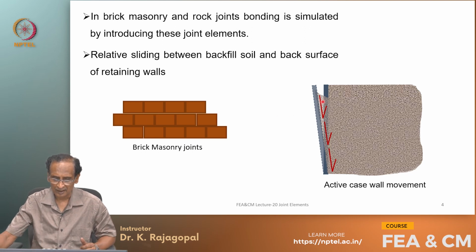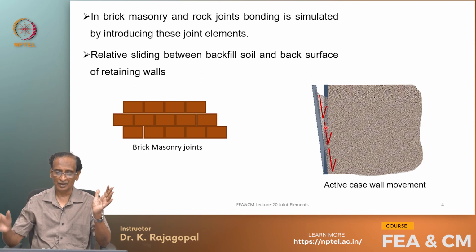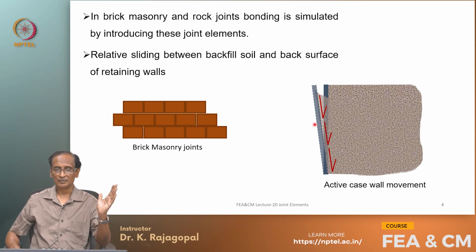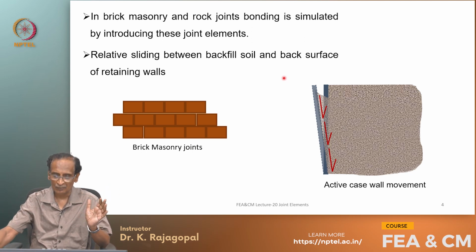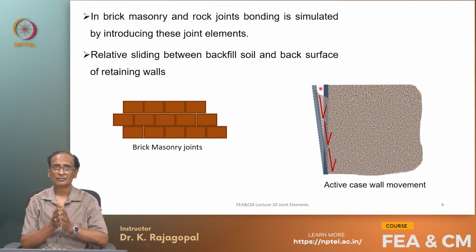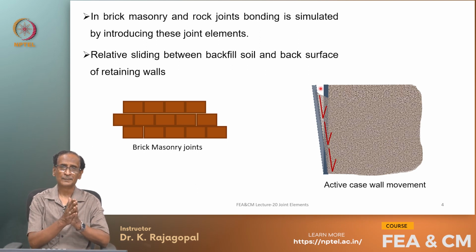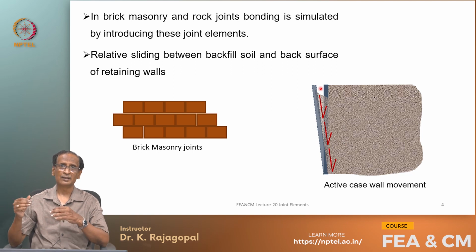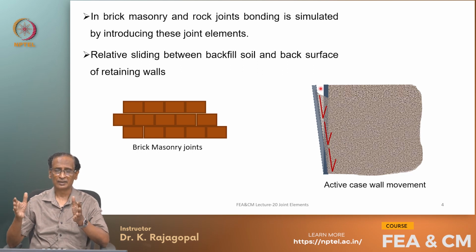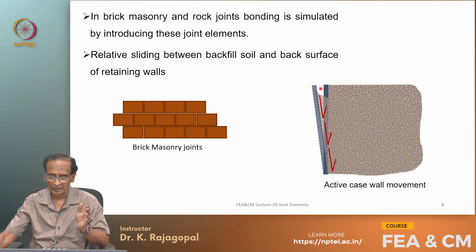Another example is between a retaining wall and the soil. Let us say our retaining wall is deforming away from the soil, either by rotation or by bulging out. What happens if the soil sticks to the retaining wall? Then we will transfer unnecessary magnitudes of shear stress into the soil.